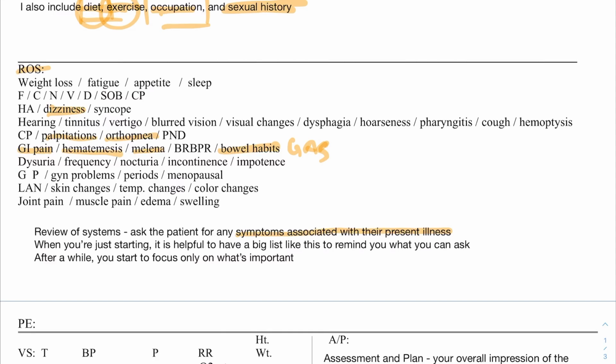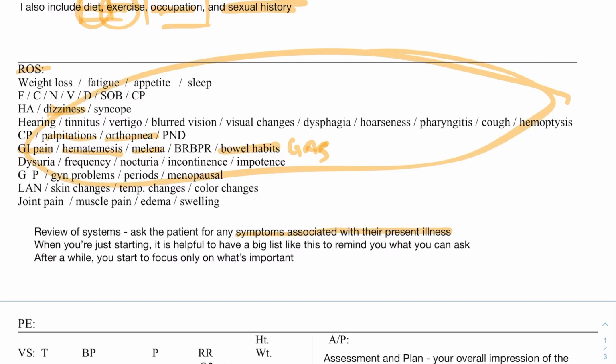When you're just starting with the ROS, it's good to have a big list like this where you ask a bunch of different things, but you want to narrow it down once you have a better feel. And then having a big list like this, especially in our sessions, will help remind you what to ask. But it is important after you get used to this to start focusing on what's more important, because you don't want to waste your own time with the patient when you're going to have like 5 other patients waiting for you to be seen.